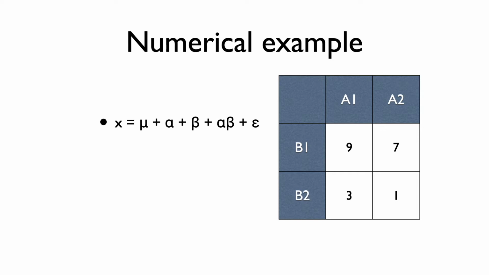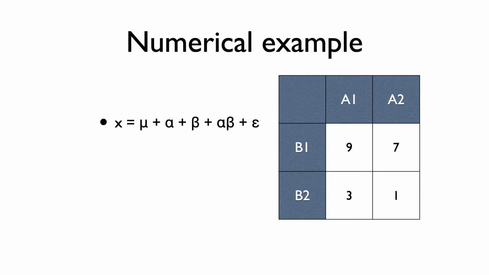Now, we have something that applies to every single one of these cells, and that is the grand mean. It's the same for every cell, right? Does that make sense? Really, stop me if it doesn't.